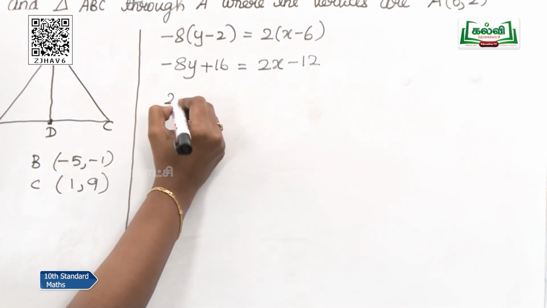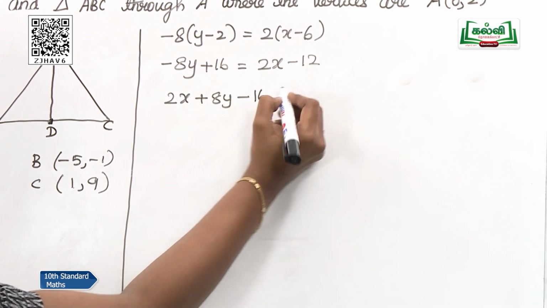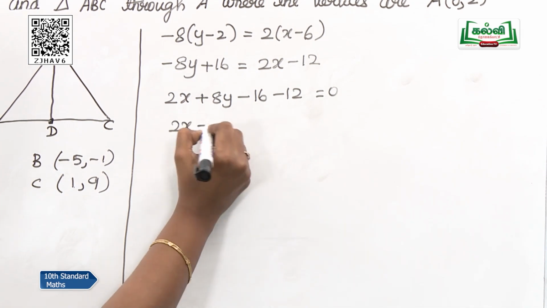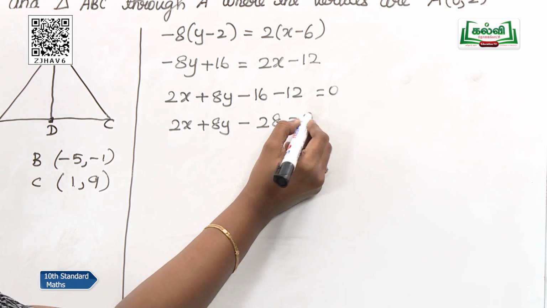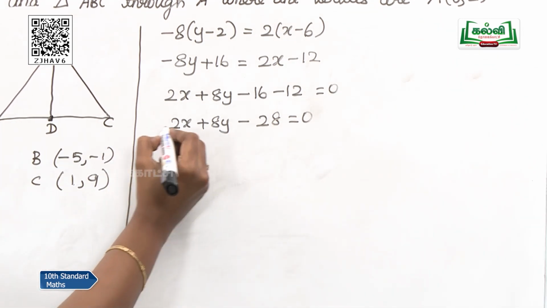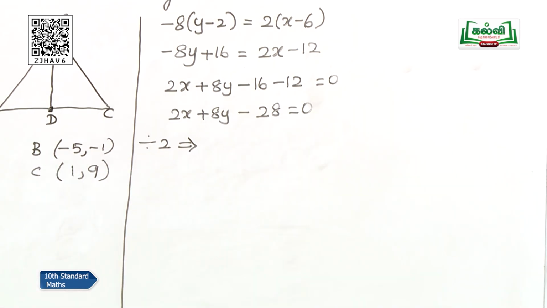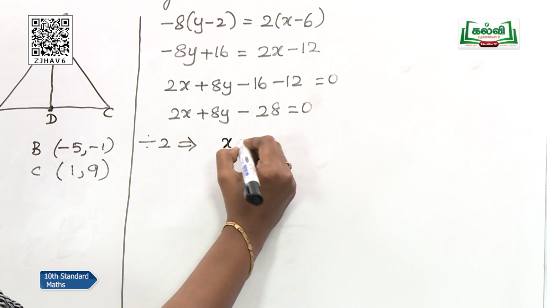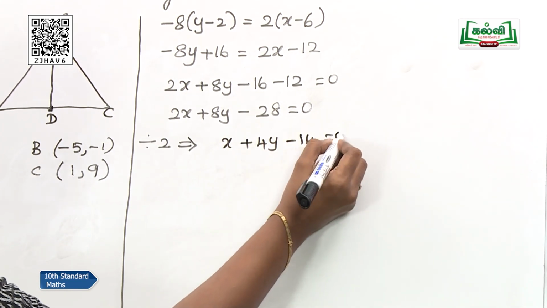So I get 2x + 8y - 16 - 12 is equal to 0. So I get 2x + 8y - 28, same sign, so add and put the sign, -28. Now if you see, all these are divisible by 2, they are even numbers. So now I am going to divide by 2. So what do I get? x + 4y - 14 is equal to 0.